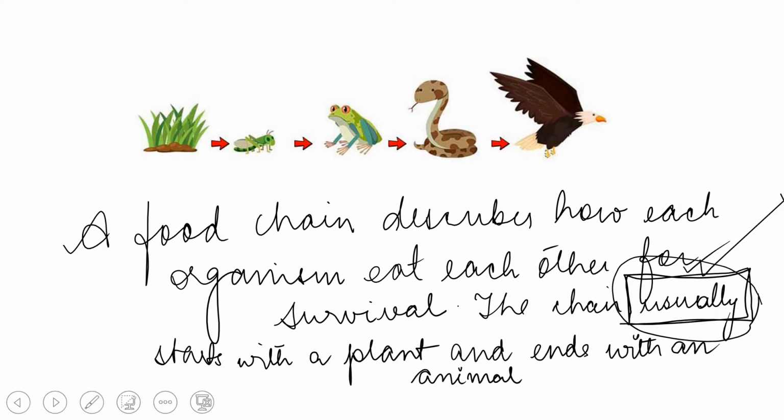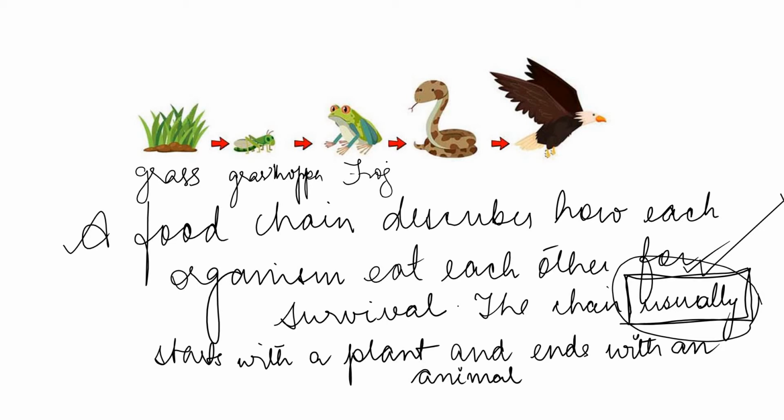You can see a simple food chain in this picture. This is a grass. Grass is eaten by a grasshopper, then the grasshopper is eaten by a frog. This frog is then eaten by a snake, and this snake is eaten by an eagle.